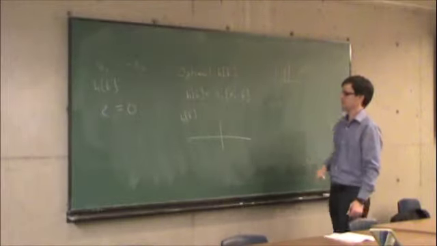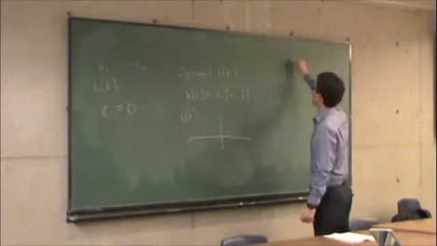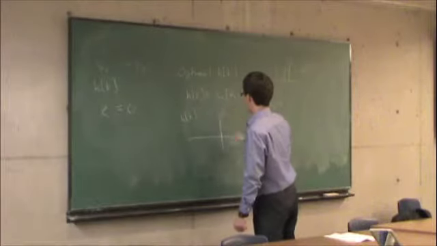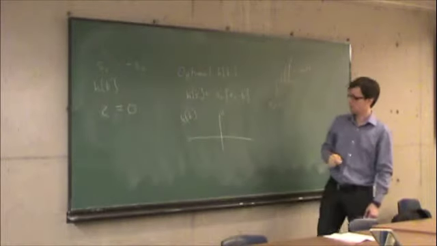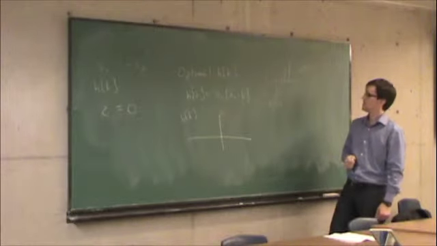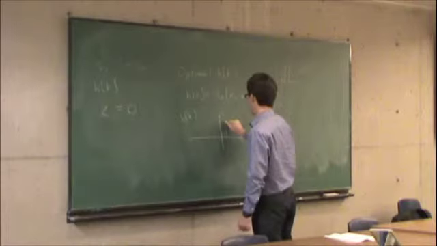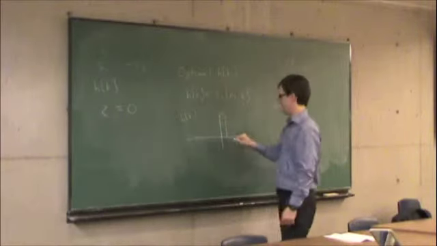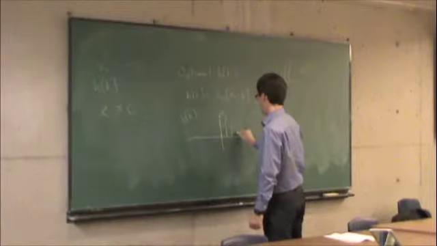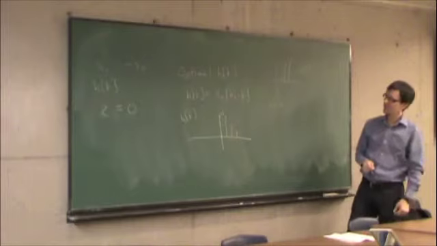That's S0 of NB, which is S0 of 4, which is equal to 4. That's this coordinate. And k equals 1 is S0 of 3, which is 3. It's this guy. And similarly, what do I have here? 2 and 1. So that's H of k.